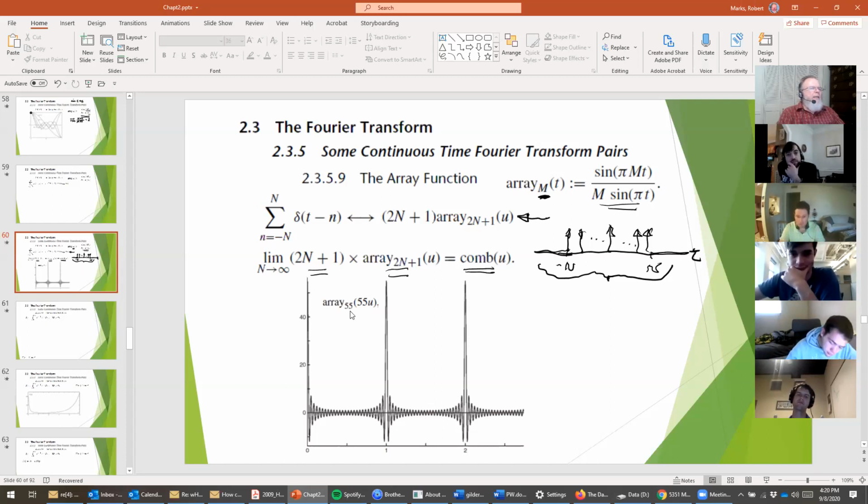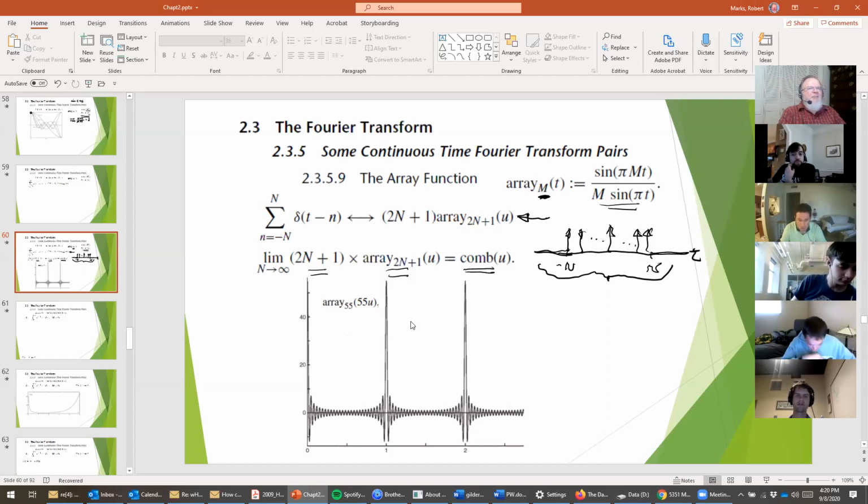So what would that make n? 22? So you have 22, no, 26, right? 2n plus 1 is equal to 55. What's n? Yeah, 24.5.